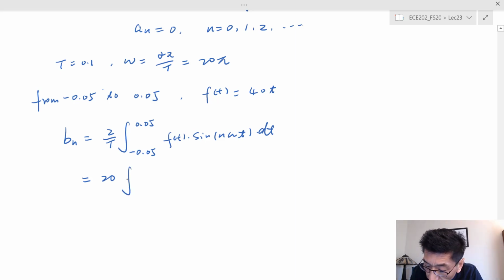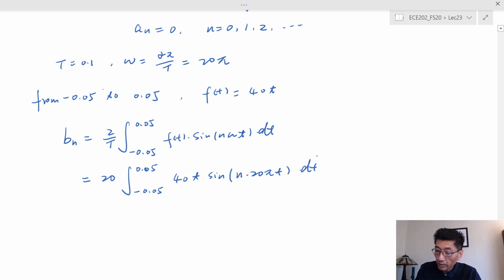And I have negative 0.05 to positive 0.05, f(t) is equal 40t, and sine n omega t, where omega is 20 pi, so n times 20 pi t dt.